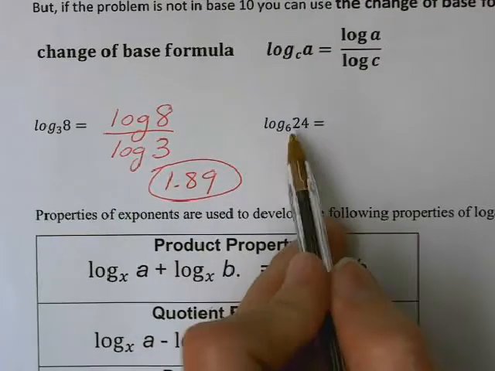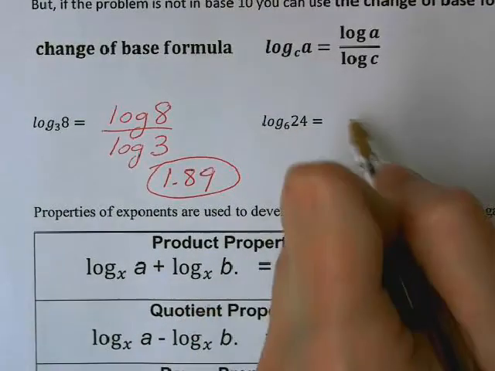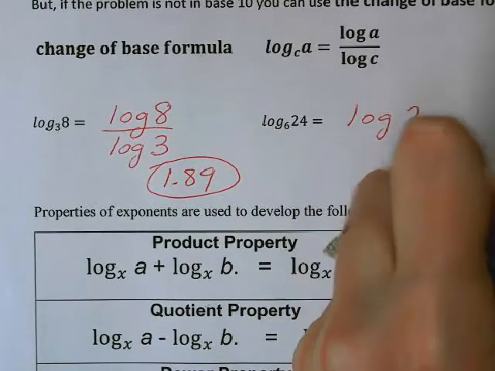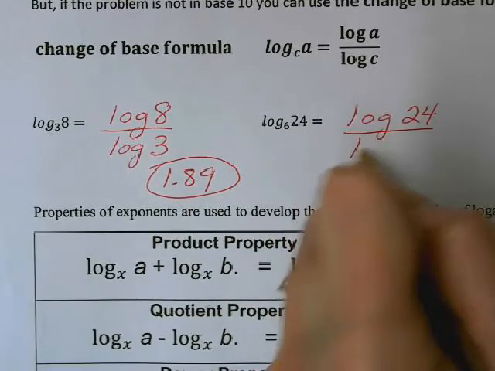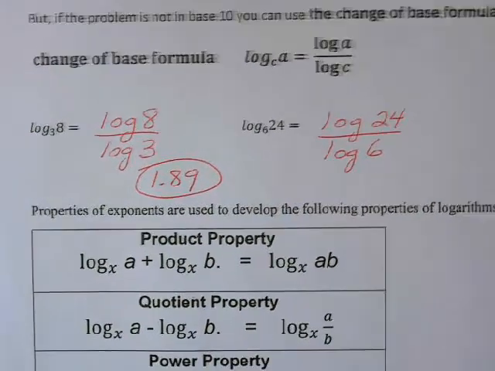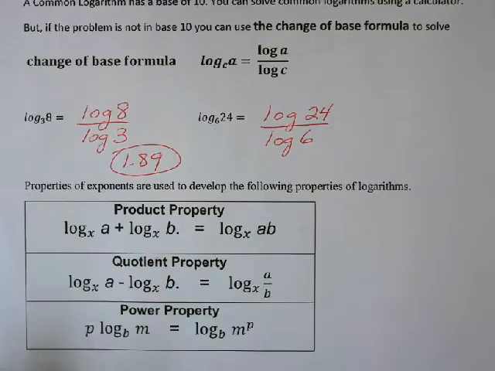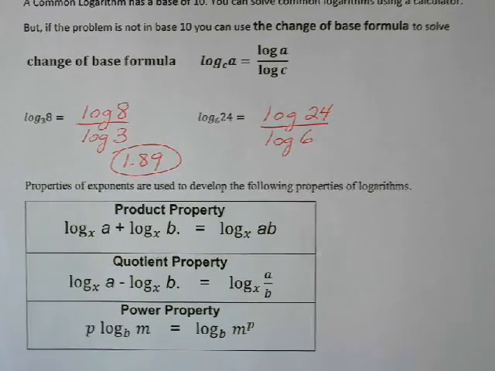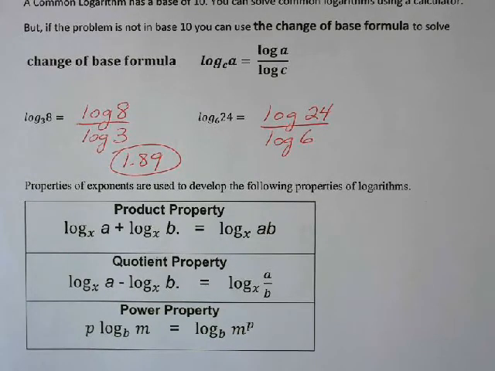So how would I set up this one? Log 24 divided by log 6. Awesome. So it's called a change of base formula, and then you just use your calculator to do it. Log 24, close your parentheses around the 24, then divided by log 6.